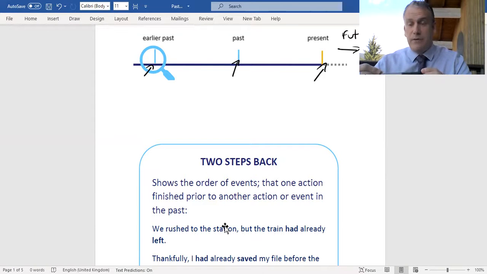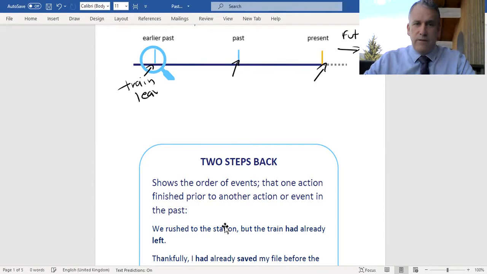That's past perfect. So we know, because we've used past perfect, the second half of the sentence, that the train left before we rushed to the station. So the train leaves here, further back in the past, and we rushed to the station here.